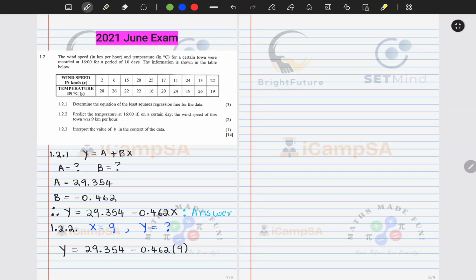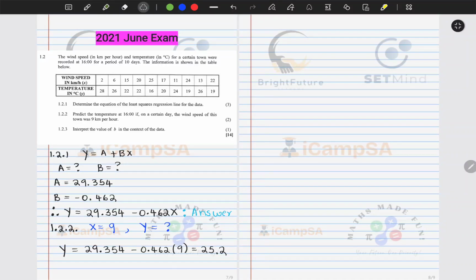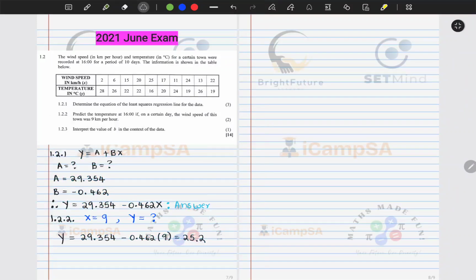Then what we end up getting is 25.8, if you round it up, you get 25.2. So what this means is our temperature when the wind speed is 9 kilometers per hour, our temperature will be 25.2. Okay, so that is our answer.